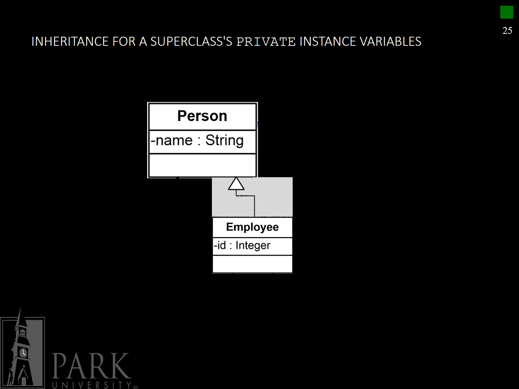Even though a superclass's private instance variables are not directly accessible from a subclass, private instance variables are still considered to be inherited by the subclass. So for this example, each Employee object does indeed contain a name instance variable. If this sounds confusing, it is. So we're going to look at it a little deeper on the next slide.